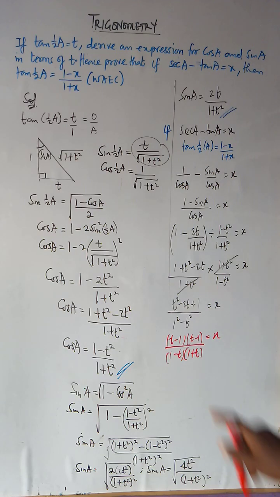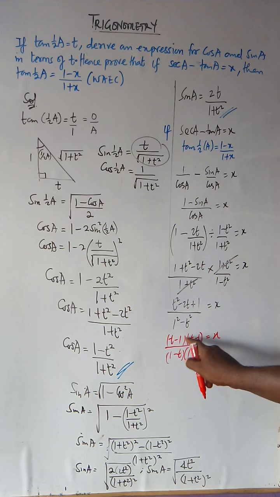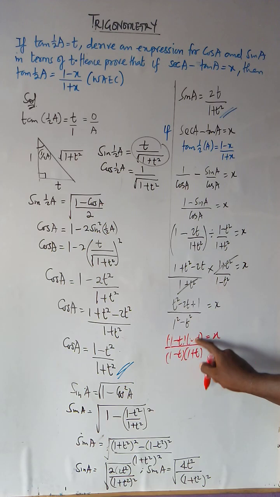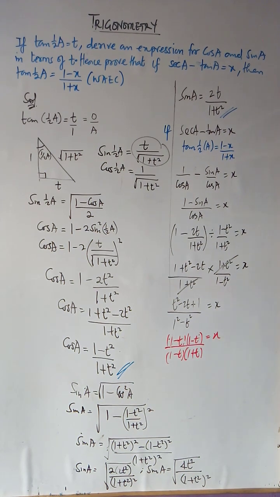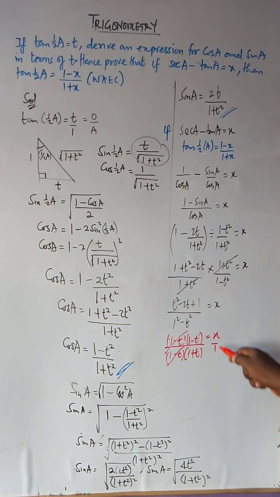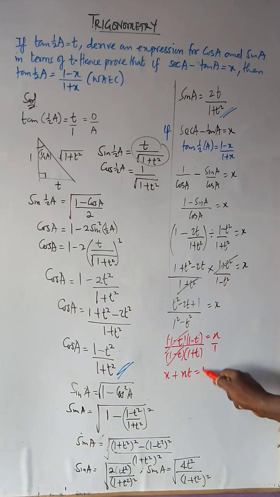So t minus 1 can also be written as 1 minus t, 1 minus t. It is allowed. So what next? This cancels this. This over 1. Let's cross multiply. x times this one, that will be x plus xt equals 1 minus t.